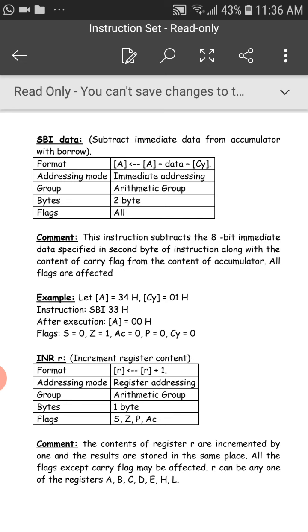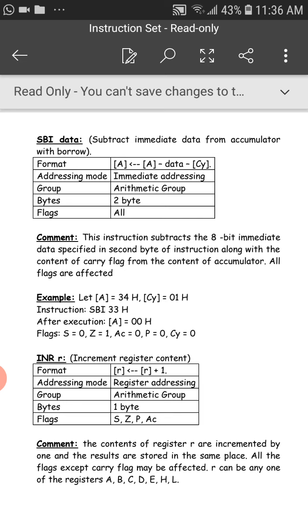It is an arithmetic group instruction, a 2 byte instruction, and all flags are affected. It subtracts the 8-bit immediate data specified in the second byte of the instruction, along with the content of the carry flag, from the content of the accumulator.